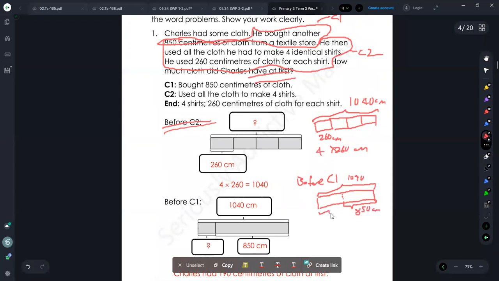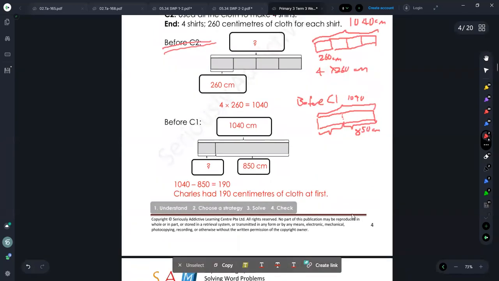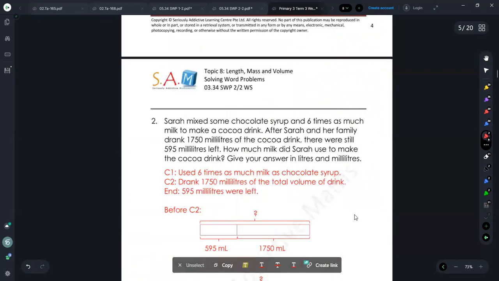So the question is, what is this? This is the way to get them to work backwards using the bar model method. The other method, I don't think we should do at P3. We will talk about it in P4. Okay, that's the first one.